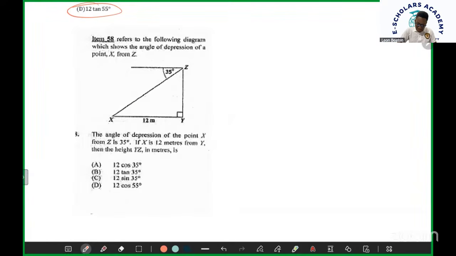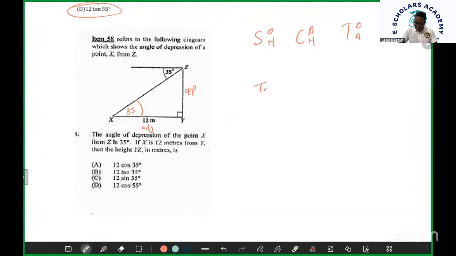So let's try here. Since we're dealing with the Z angle, here will be 35. The thing we want to find would be the opposite, and this is the adjacent. Some old horses can always hear their owners approach, so we know we're dealing with tan.